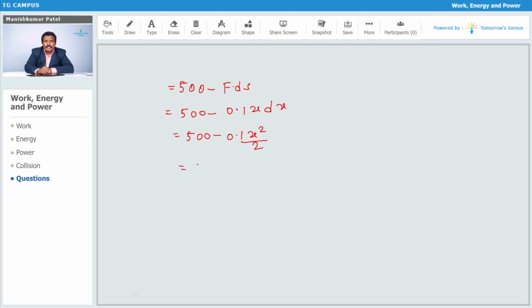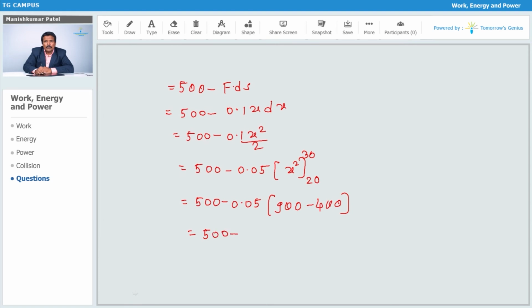So this is 500 minus 0.05 times x square from 20 to 30, so 500 minus 0.05 into 900 minus 400, which is 500 minus 0.05 into 500.